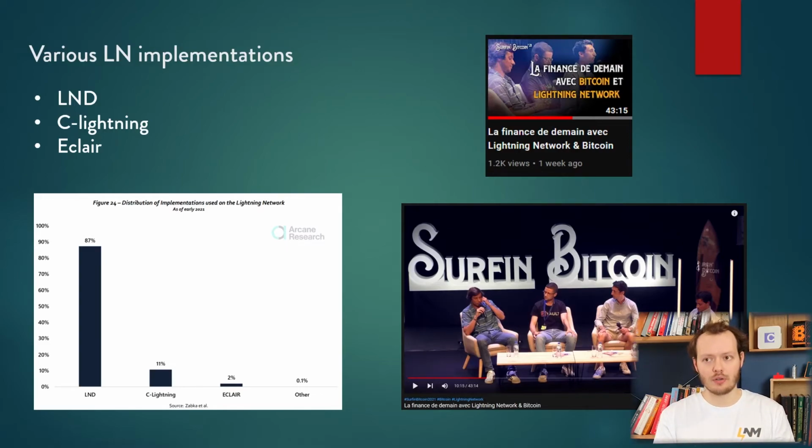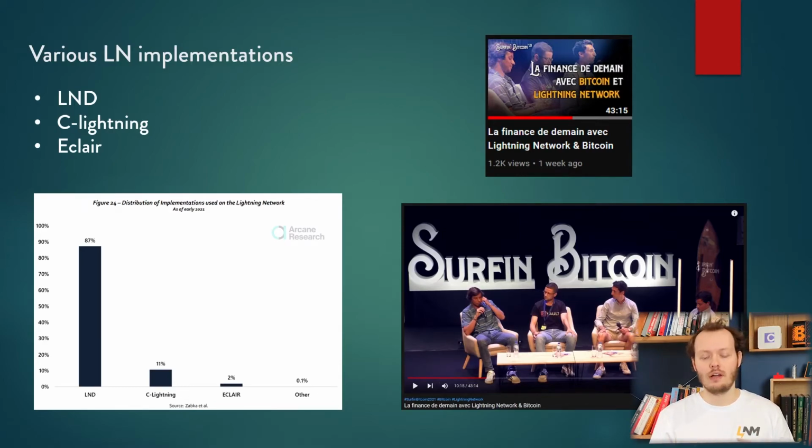In the Lightning Network, when the developers wrote the white paper and everyone in the industry started working on it, it was decided to have different implementations, meaning that you can interact and use the Lightning Network through different software which have different trade-offs. And so there are different teams working on the Lightning Network.